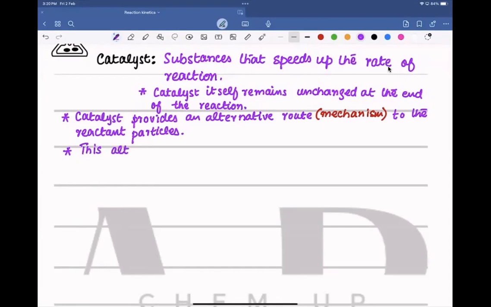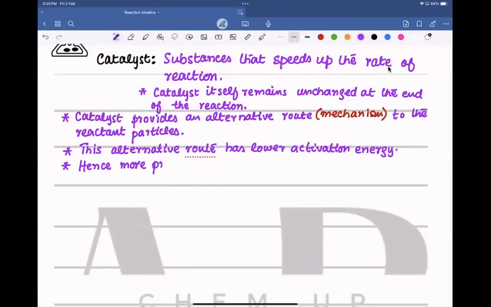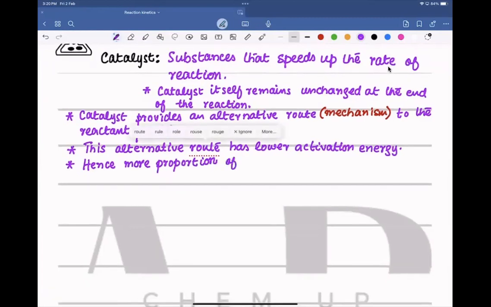So this alternative route has lower activation energy, hence more proportion of particles has energy equal to or greater than activation energy.